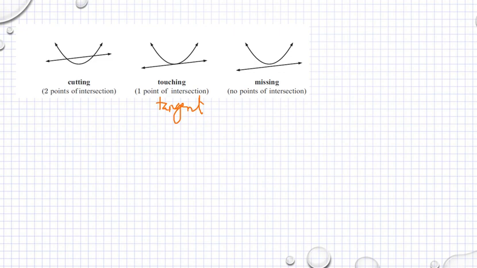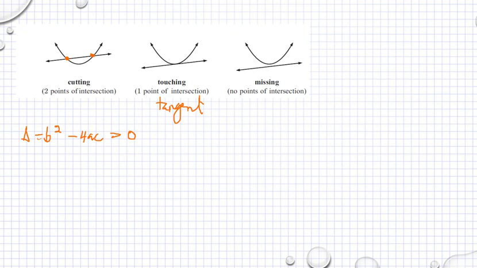In your discriminant, we have b squared minus 4ac. When you have two roots, this will be greater than 0.